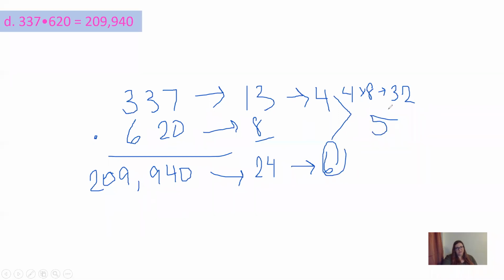And 6 and 5 don't add up. So, no, they don't match. So, therefore, 337 times 620 most likely isn't 209,940. But it is actually 208,940. It's off 5,000.